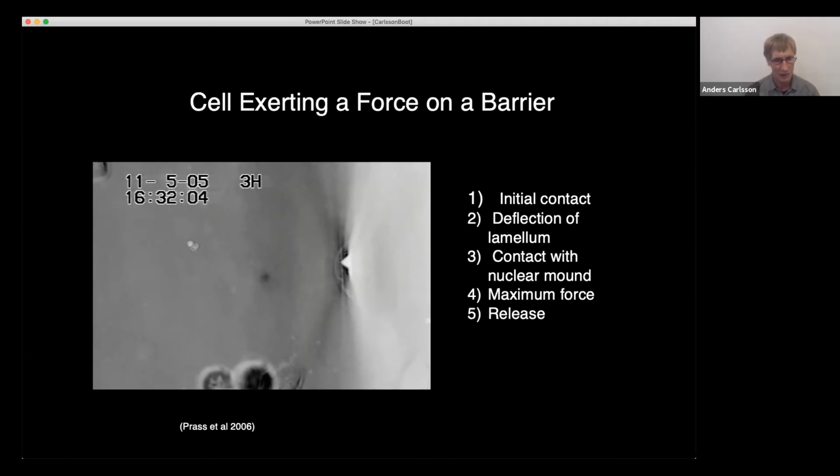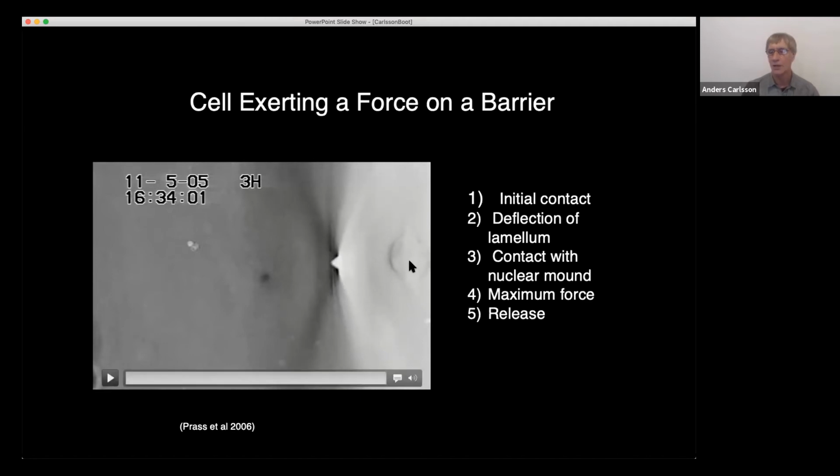Now watch closely. Soon something's going to happen. You've seen the cantilever has been slowly moving a bit to the right, and in just a second it's going to pop back. So what happened is that first of all it hit a lamellum, and then it contacted the nuclear mound, and then maximum force, and now the cell breaks through. Okay, so you can literally see the forces being exerted by the cell as it went through there.